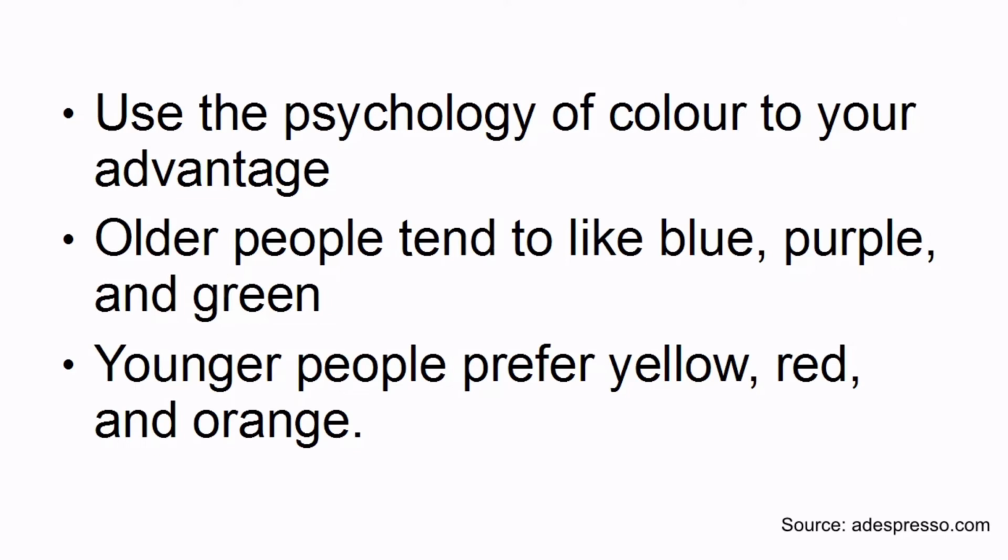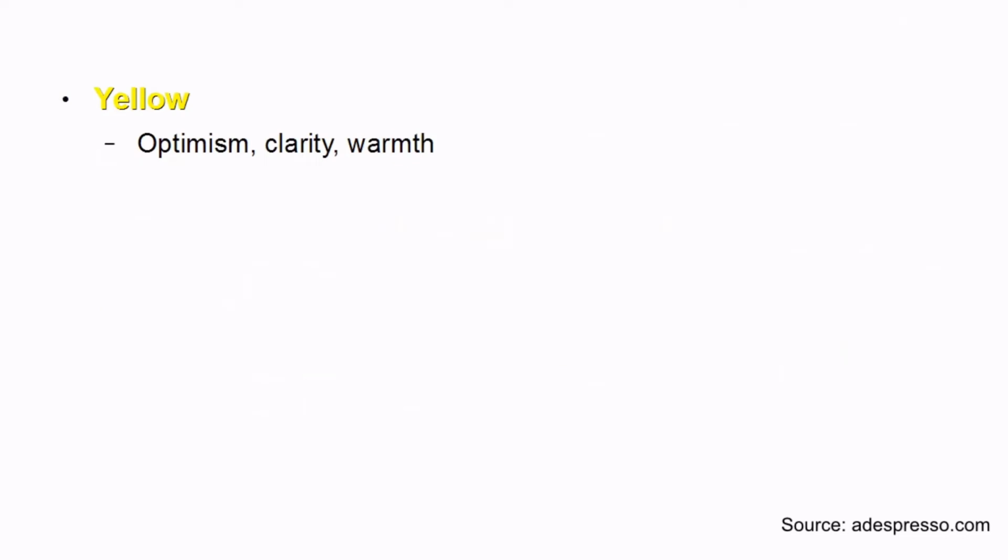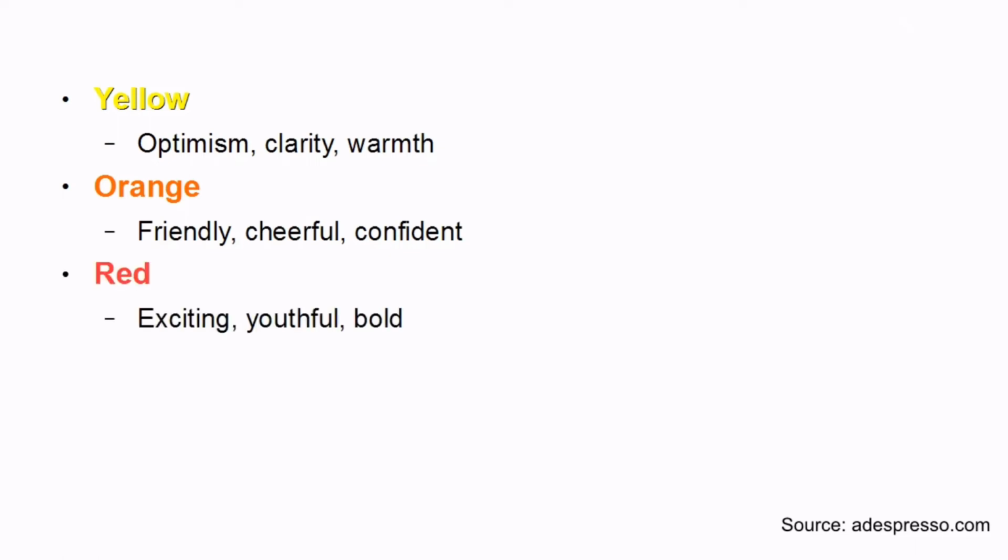In fact, you can take it a step further because different colors tend to relate to different things. For example, yellow tends to convey optimism, clarity and warmth. Orange is considered friendly, cheerful and confident. Red is exciting, youthful and bold.